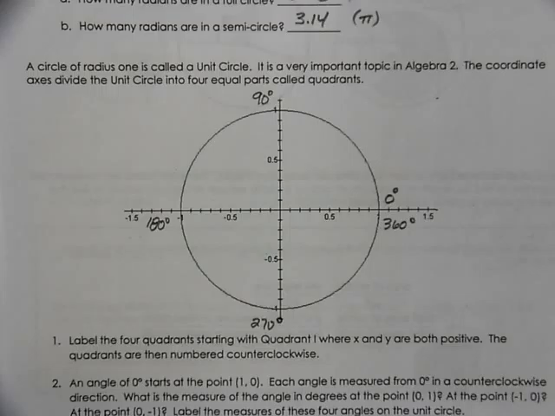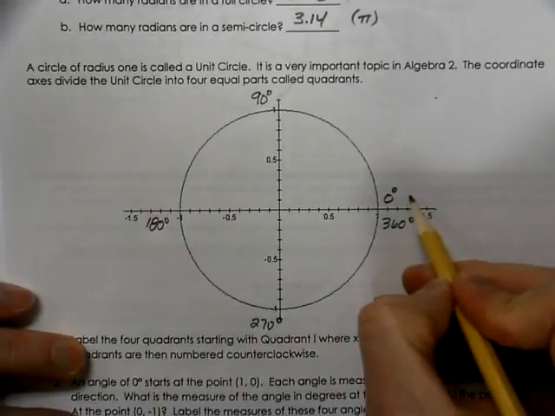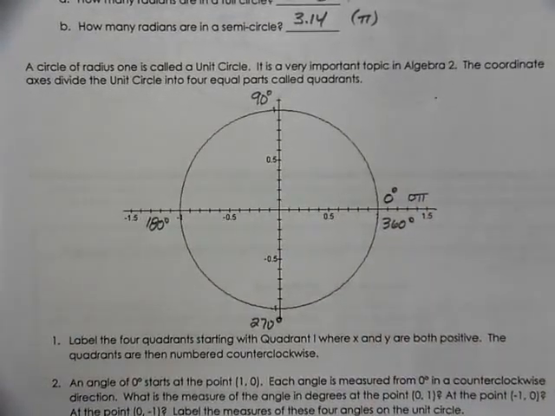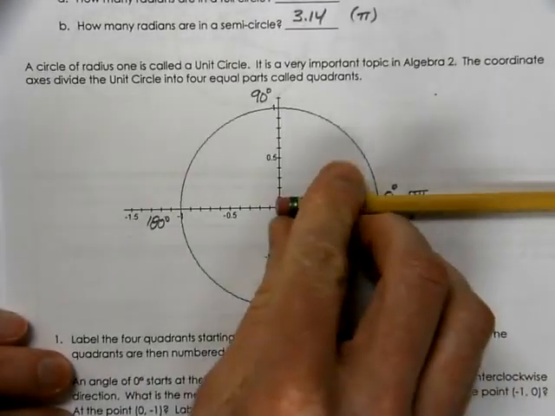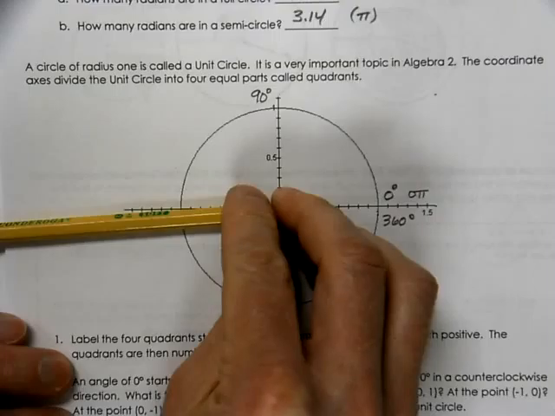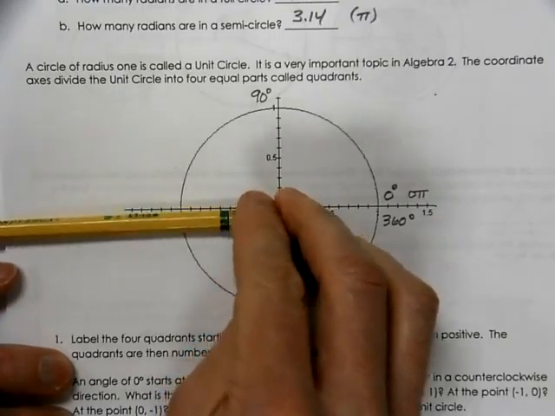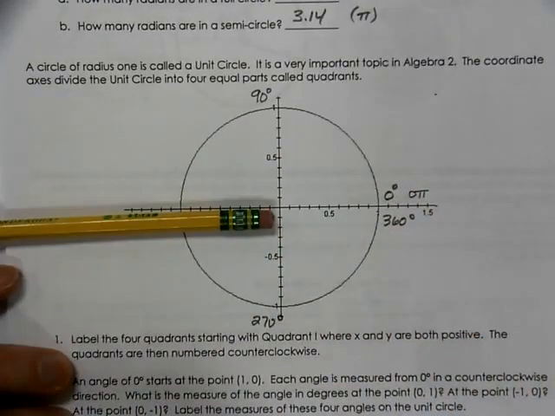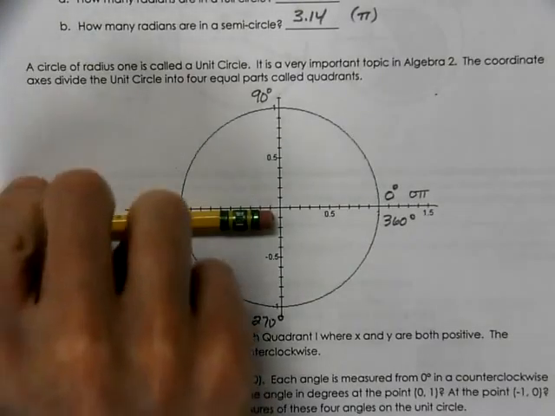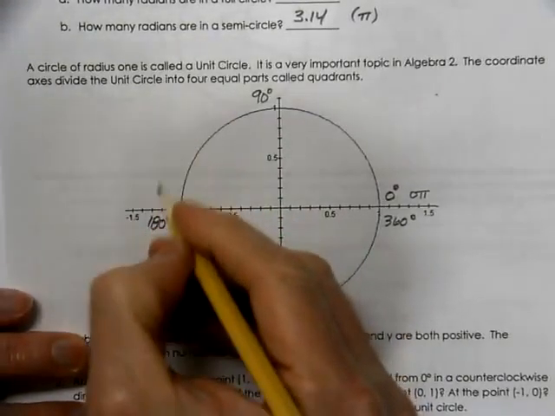Now can we do our angles in radians? Well, at the very beginning would be at 0 pi, 0 radians. Let's jump over to the other side of the circle. How many radians does it take to get to the other side? For a semicircle, we talked about 3.14. That's the number pi.